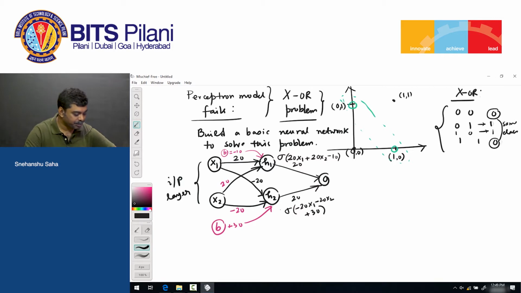This will get squashed. Then when you travel from the hidden layer to the output layer, what you get is 20 H1 plus 20 H2 minus 30.